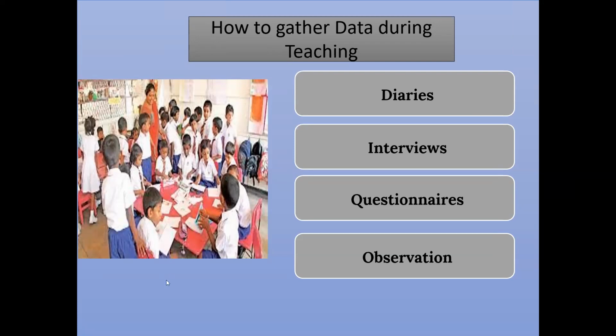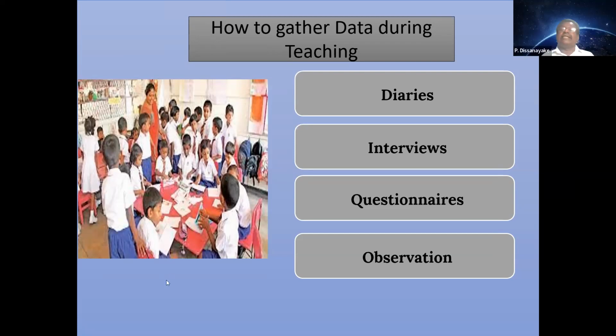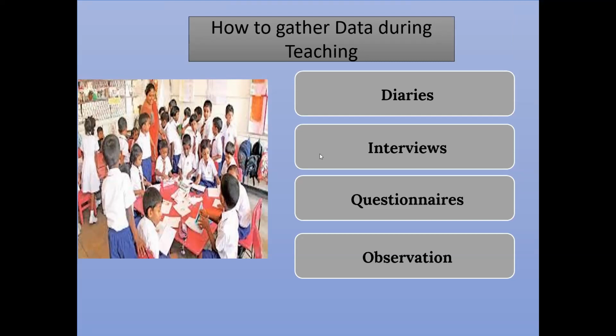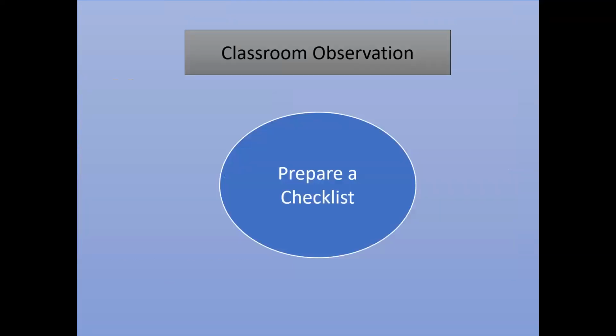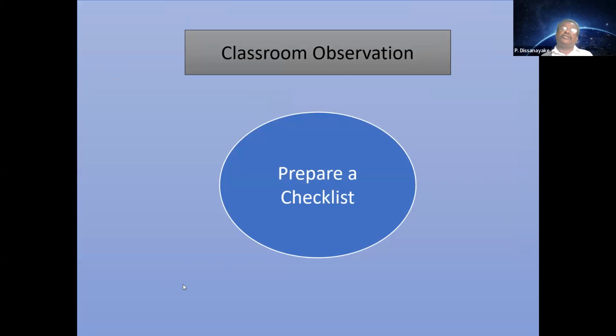The list is not complete. You can prepare a better list. There are many other ways to gather information about the students' behavior in the class. As Chaturika pointed out previously, one way is observation. Observation is a tool.